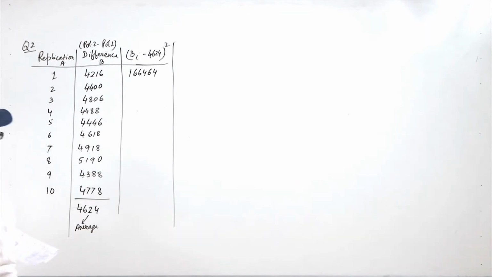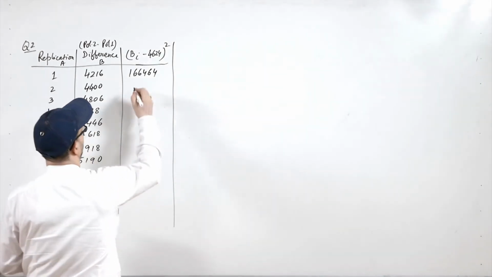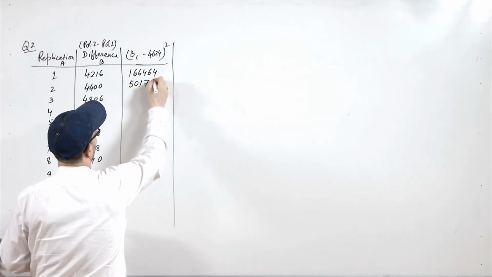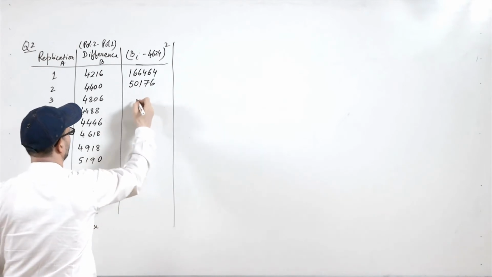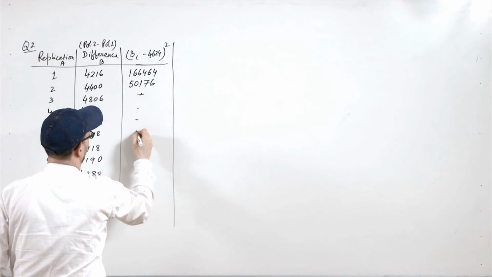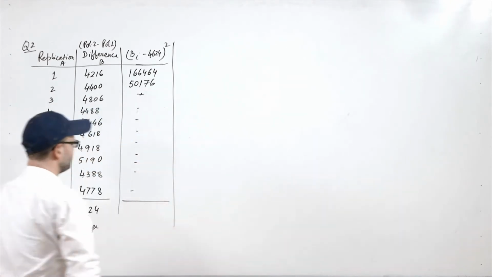Similarly, the next one will be 224, for that it will be 50176. So like that you can fill all the values, and ultimately you will sum them.